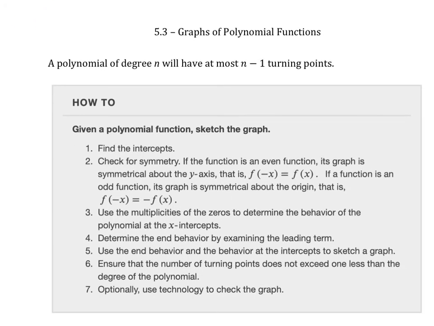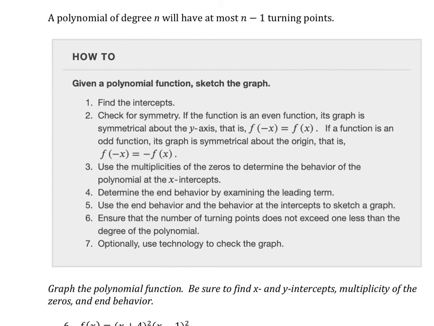Okay, so a reminder, a polynomial of degree n will have at most n minus 1 turning points. This is telling you how to sketch a graph of a polynomial function. The first thing you're going to do is find the intercepts. You can do number 2, check for the symmetry. That will help you kind of see how it looks and possibly mirror some points.